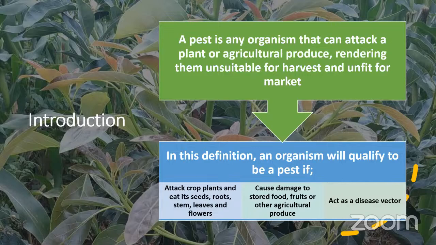Number 2, an organism which causes damage to stored food, fruits, or other agricultural produce qualifies to be called a pest under this definition. And the third one, any organism which acts as a disease factor. If an organism transmits diseases from one plant to another, it qualifies to be called a pest because that is a vector. Next slide.